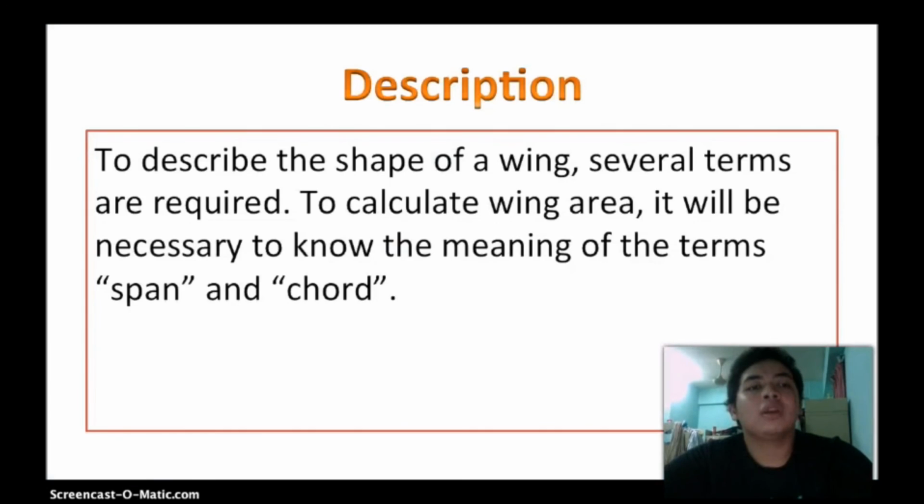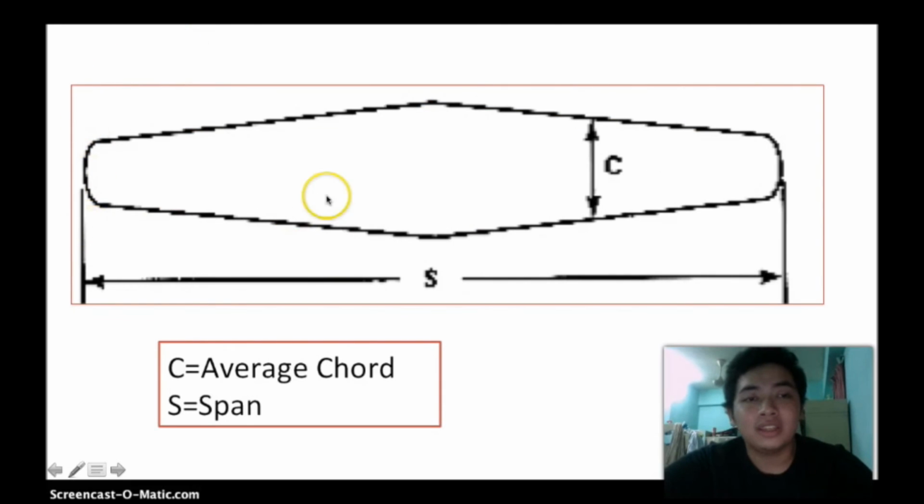First of all, to describe the shape of a wing, several terms are required. To calculate the wing area, it will be necessary to know these two things, which are span and chord. As you can see on the slide, the diagram shows an example of the wing of an aircraft.